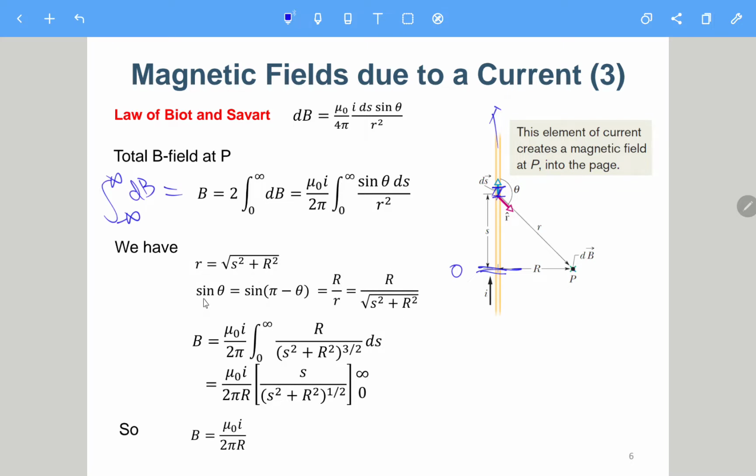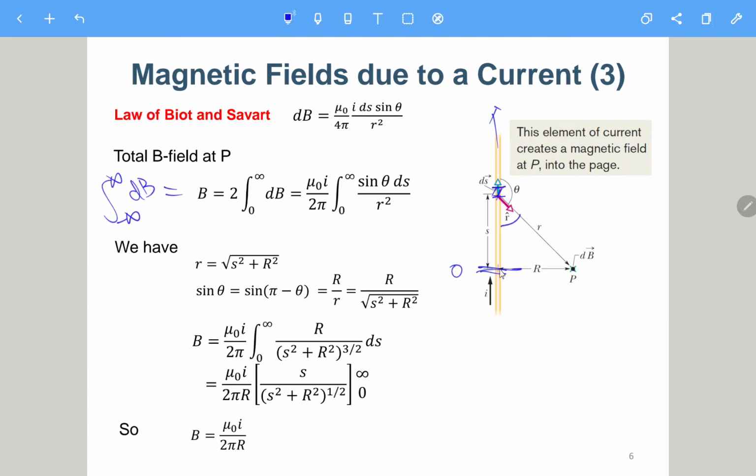And then sine of theta is actually this one, because theta is the angle between ds and r hat. Sine of theta equals sine of pi minus theta, as you learned in trigonometry in high school. This is the angle pi minus theta.